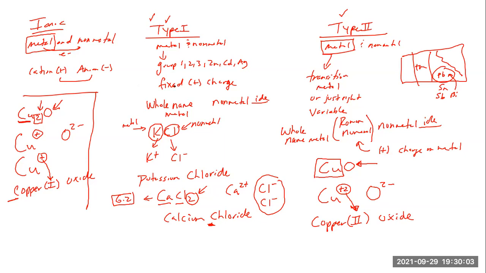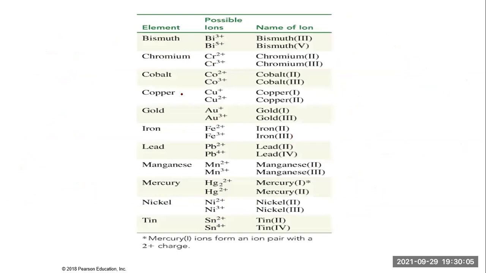So then we will kind of continue on and finish up the last couple of things about naming. Here again is a table of some of the different guys in terms of their charges. Again, all these guys have variable charges, and we can see we do use the Roman numerals to indicate it. The one really weird one is mercury.